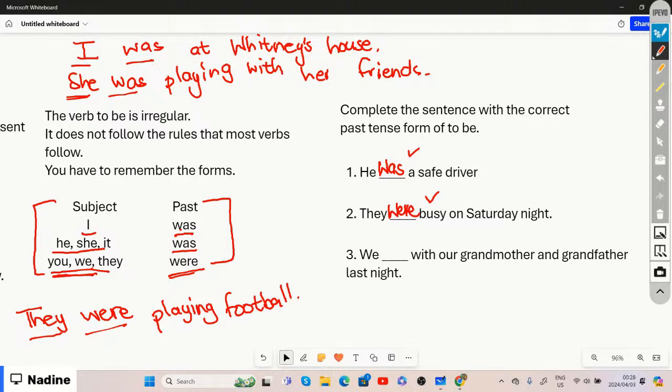All right. If we're going to the last one, it says we. Do we say we was, or we were with our grandmother and grandfather last night?